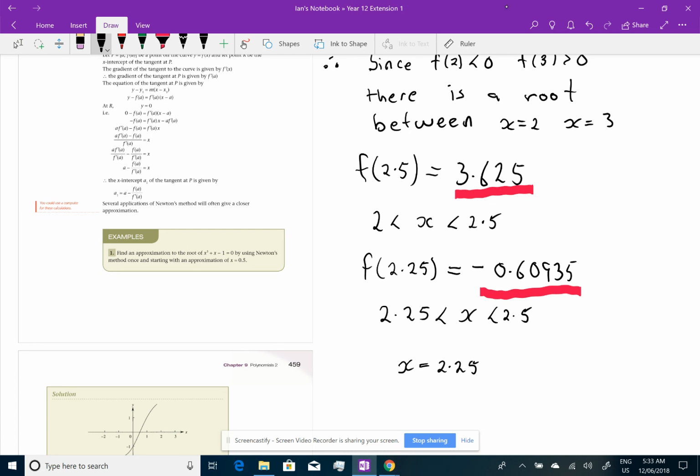Whereas I probably would have gone x is halfway between those, and if I add 2.25 to 2.5, that's 4.75, and 4.75 divided by 2, I get 2.375. Now, if I use my cube root button, the cube root of 12, I get 2.28. So yeah, she's better off, but I could have halved the interval again.